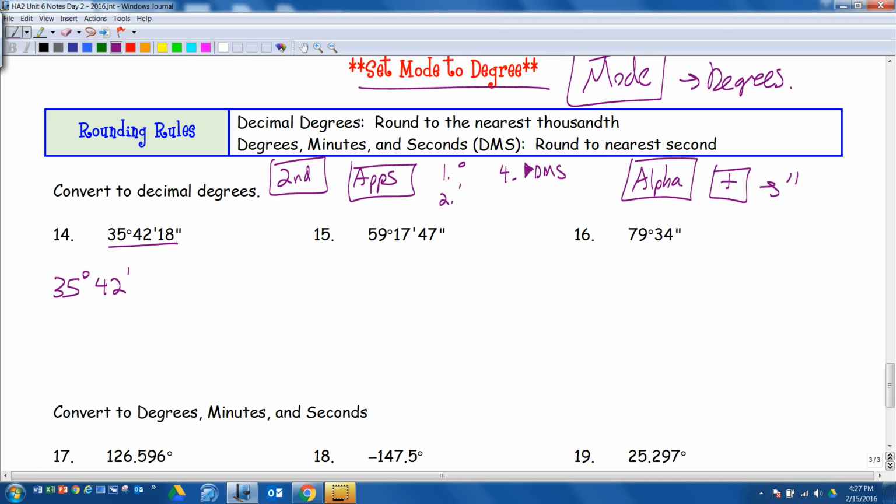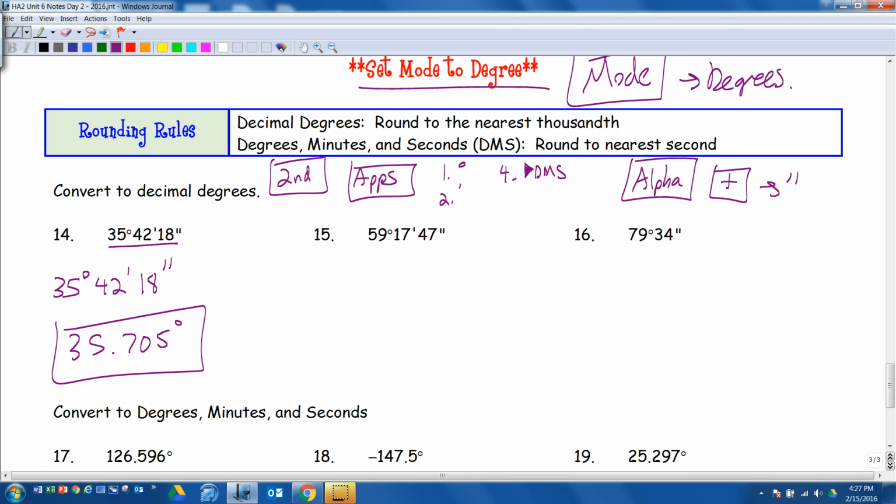And then the last thing is you type in 18 and then hit alpha plus, and you get your seconds. When you type all this in, if you're in the right mode, you get 35.705 degrees. So that is how you convert those.